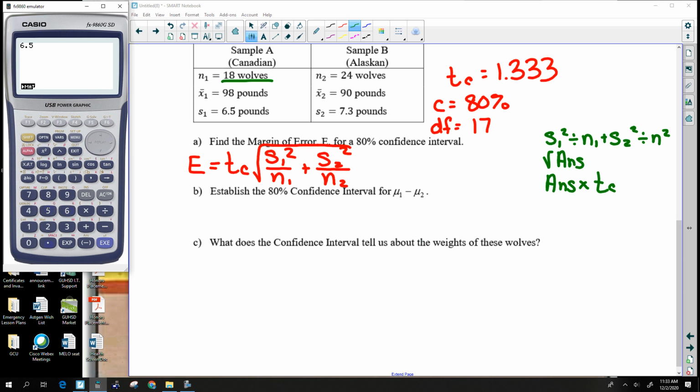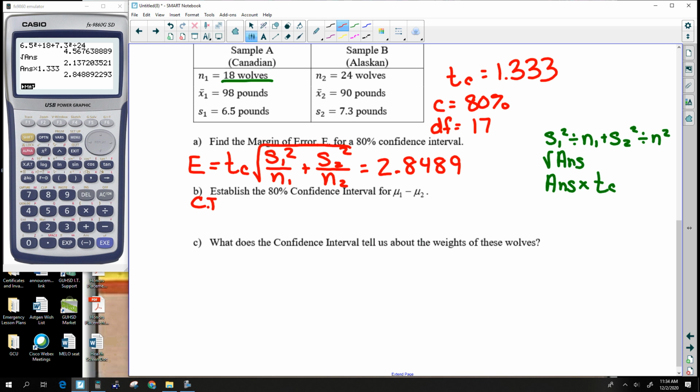So s1 squared divided by n1 plus s2 squared divided by n2. That is on the inside of the square root, so I go ahead and square root and multiply by tc. The margin of error is .8489.